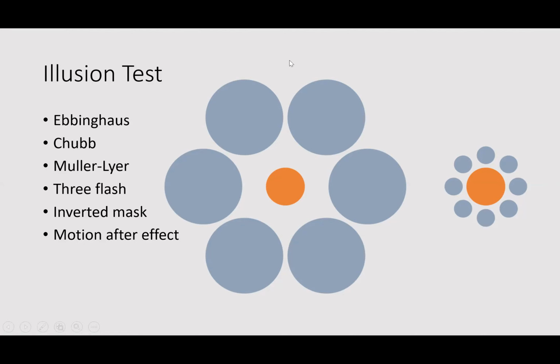They tested the Muller-Lyer illusion in monkeys and found that when you use NMDA receptor antagonists, they are less sensitive to this illusion, similarly to people with schizophrenia.